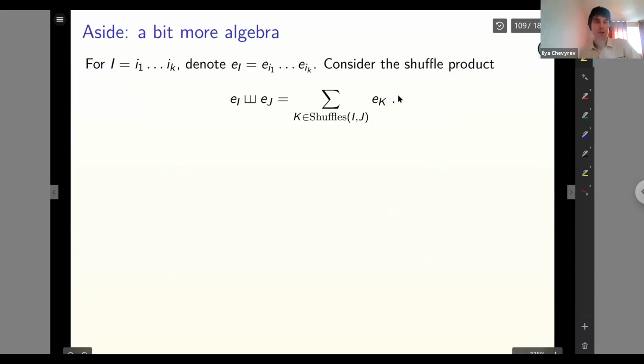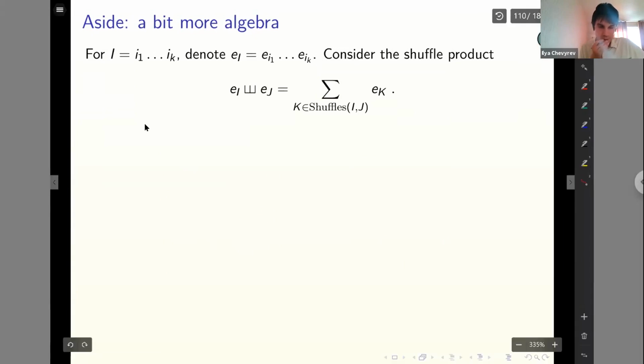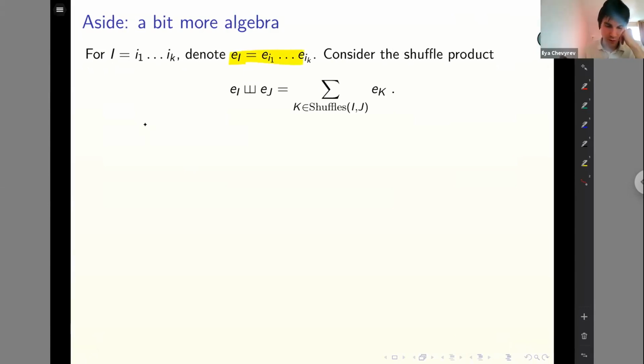I'm now going to briefly combine the shuffle and Chen's identity. To do this, I'm going to introduce one further product on the space T of R^d. For a word, I'm going to denote e_I the product over these indeterminates, e_{i1} to e_{ik}.